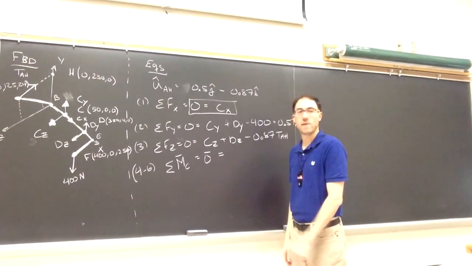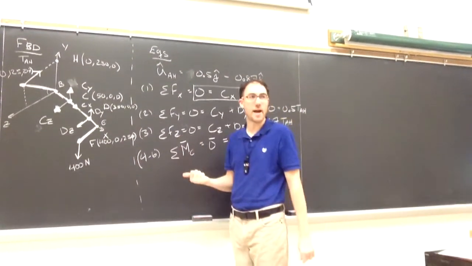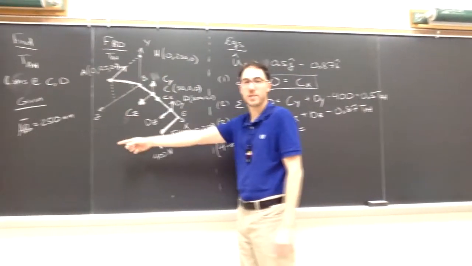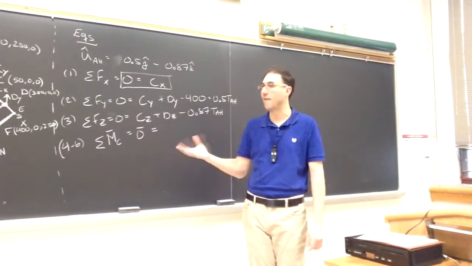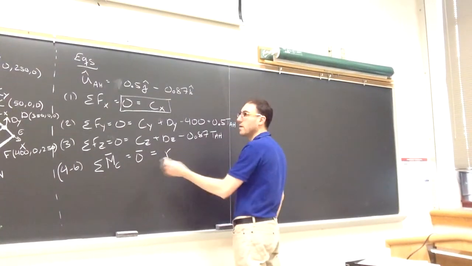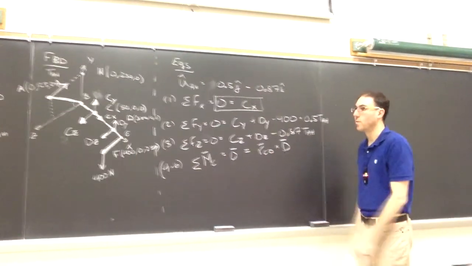If we take the moment around C, that means that we need to first account for any couples that are acting on this. There are no external couples here, so we don't have to worry about that. But we will have a moment caused by every force that's not acting through C. So we'll have RCD crossed with Dy and Dz here.